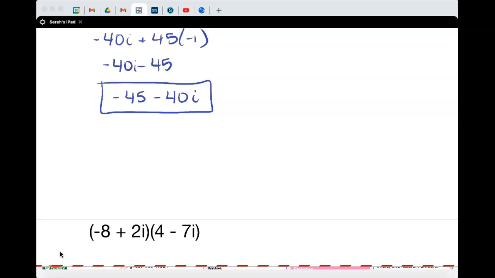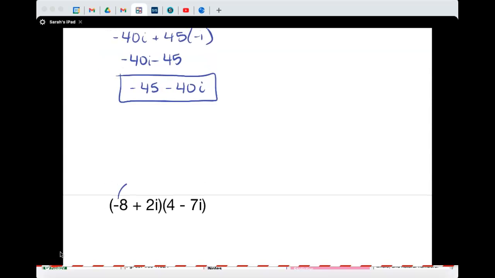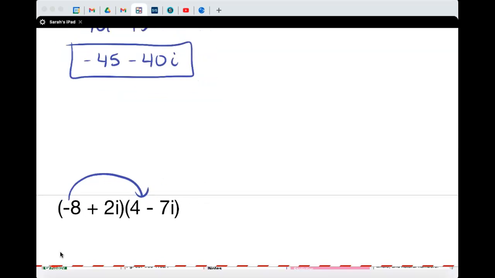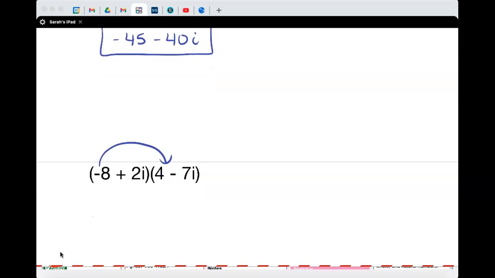Okay, where do you want to start with the next problem? Distribute things, so like FOIL, or distribute, or whatever you want to call it. So negative 8 times 4 is 32.